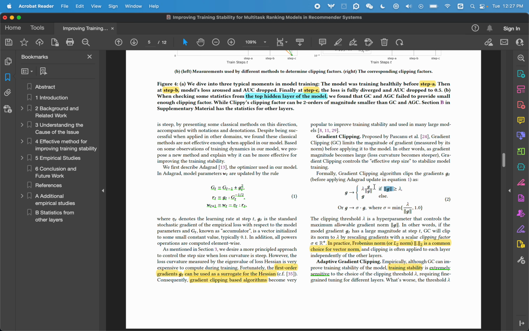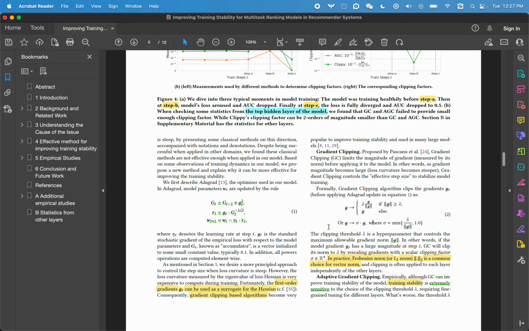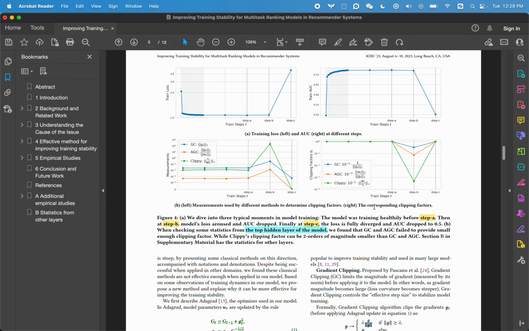If not, we just keep the original gradient. And the clipping factor is how much we scale back: we scale back by lambda divided by the L2 norm of the gradient.